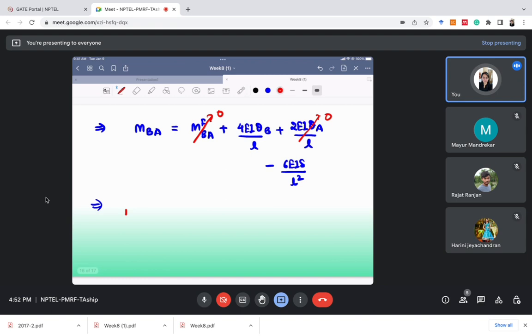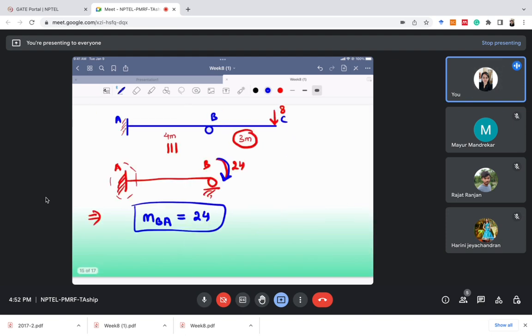So we can write MBA as 4EI theta B over L minus 6EI into delta over L square. What is the value of delta here? 80 mm. What is the value of MBA? MBA is 24 kilonewton meter.